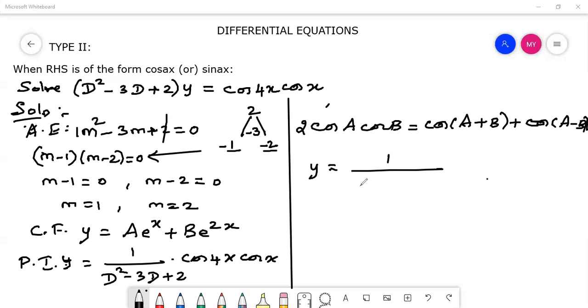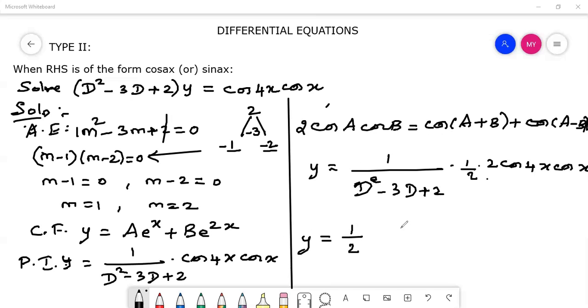Then my equation becomes 1 by (D square minus 3D plus 2) into 1 by 2 into 2 cos 4x cos x. Now this 1 by 2 is a constant, so I take it to the front: 1 by 2 into 1 by (D square minus 3D plus 2) into 2 cos 4x cos x.